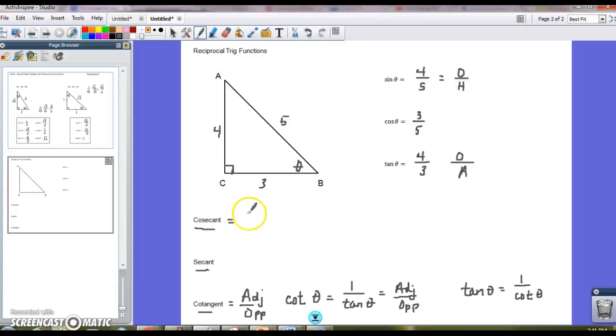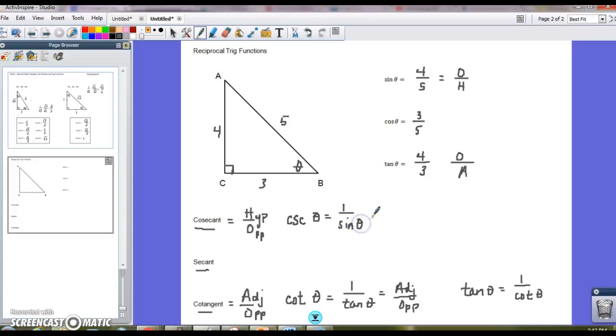Your cosecant is going to be hypotenuse over opposite. When we abbreviate cosecant, we write it as CSC. So cosecant of theta is going to be 1 over the sine of theta.